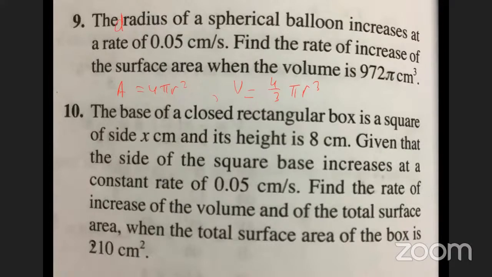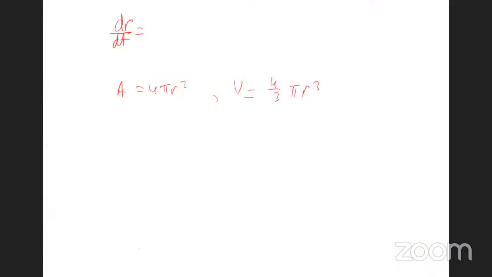Right, let's see what you came up with. So what they gave us here, Shibish, what? Read the first line. So they give you dR/dt, which is 0.05. What do they ask you to find?